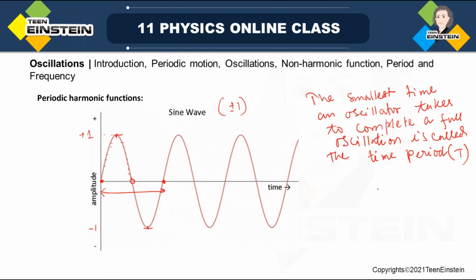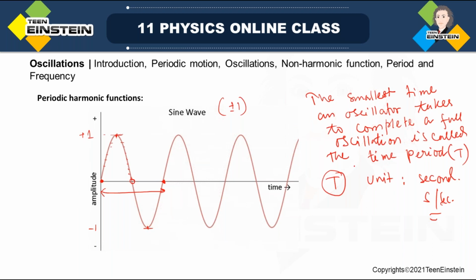That is denoted by capital T. Universally, whenever we say time period, we denote it by capital T, and its unit is second, written either S or SEC. These are all usable notations.